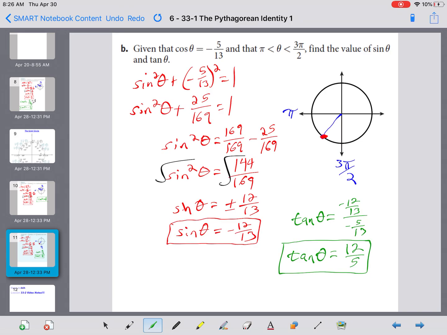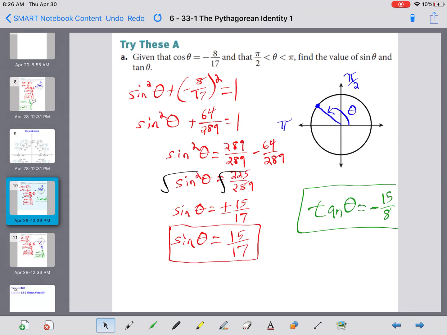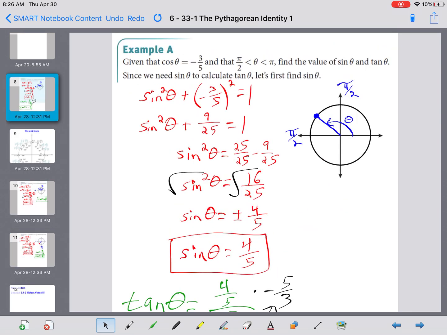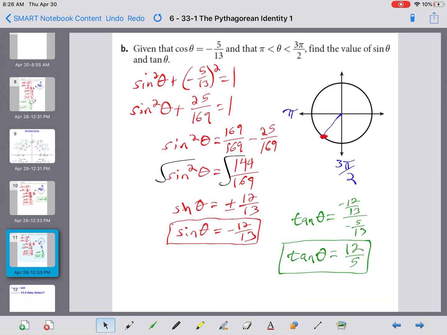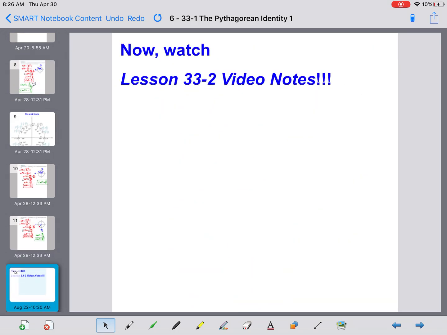Okay. Now, I just realized that all these practice problems start off giving you the cosine ratio. Some in the homework are going to give you the sine to start, but it's the exact same thing. Say I gave you the sine of theta equals 2/7, and I'd have to tell you where theta is, maybe between pi and 3 pi over 2.